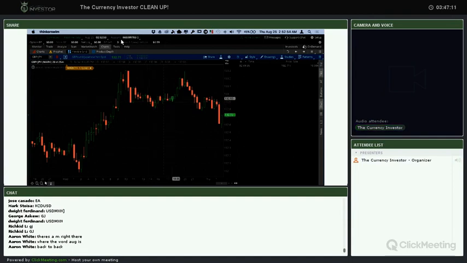This is the last, so this is our M pattern right here. Last known level of support was here, right? That's the last known level of support.